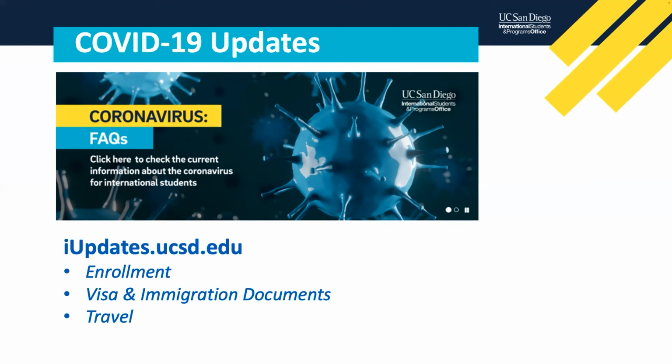So it touches upon topics like enrollment, visa and immigration documents, and travel. So again, we encourage you to take a look at iupdates.ucsd.edu. It gives current information, current impacts, and how the school year will look coming up, and what things you need to plan for should things pivot or change with the pandemic.